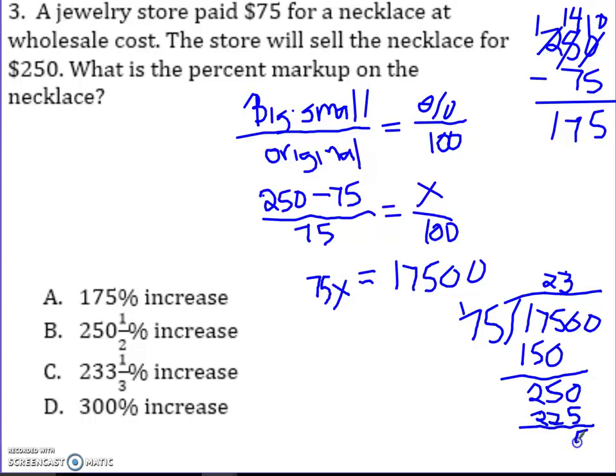We subtract. We get 5. We get 2. So we get 250 again. This is starting to turn into a pattern. So we notice that this is going to repeat. So even if I added a decimal and a 0, it would be a 3 with a line over it, which is the same as 233 and 1/3%. All right, let's take a look at number 4.